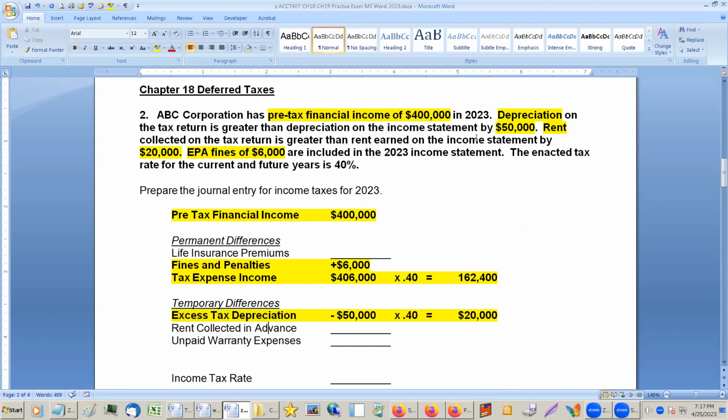Okay, rent collected in advance. Now, this is when they're actually going to make us pay on unearned revenue. So someone pays us in advance, 20,000. The IRS's view of that is, look, you got the cash, you can pay the tax on it. It's $8,000.